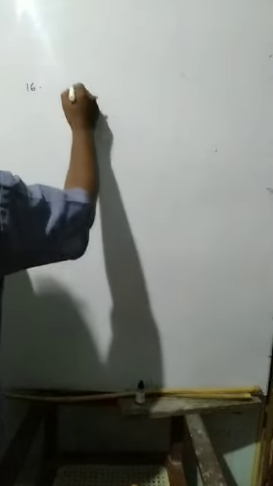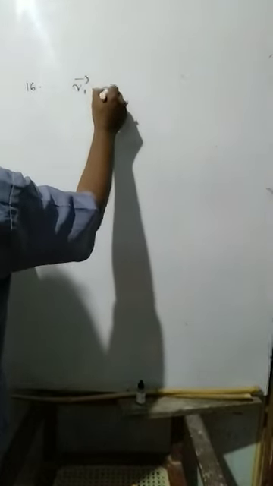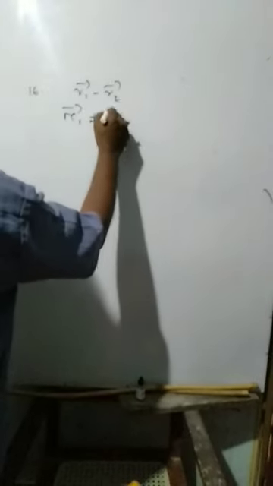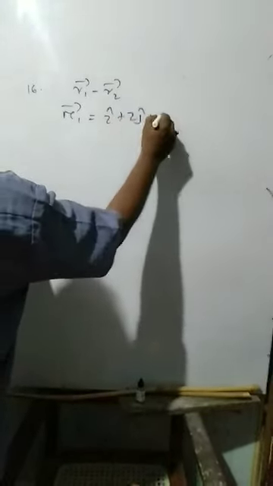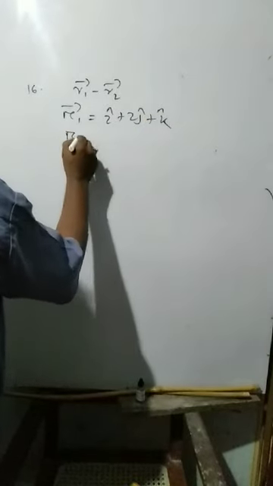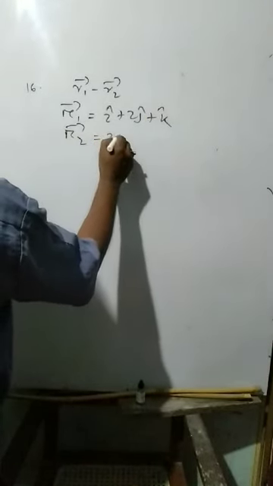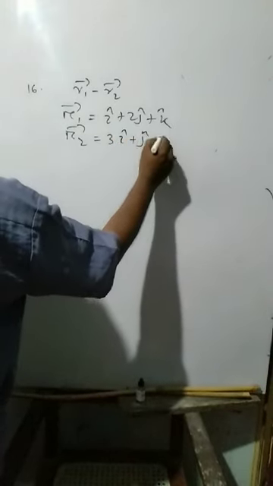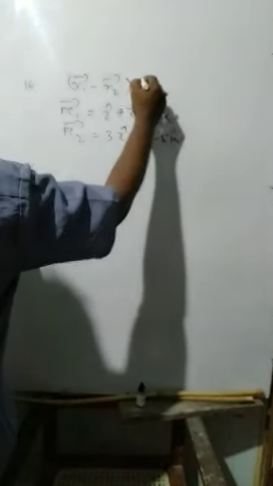Question number 16: find the unit vector in the direction of r1 vector minus r2 vector, where r1 vector equals i cap plus 2j cap plus k cap, and r2 vector equals 3 i cap plus j cap minus 5 k cap. So you have to find the unit vector.